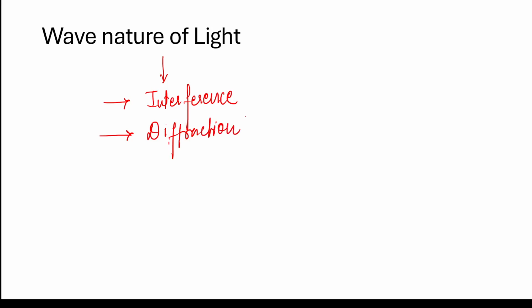Now, what is diffraction? It's just the bending of a wave. Let's say this is a ray model of a wave. There is a ray of light coming from, let's say, the sun.